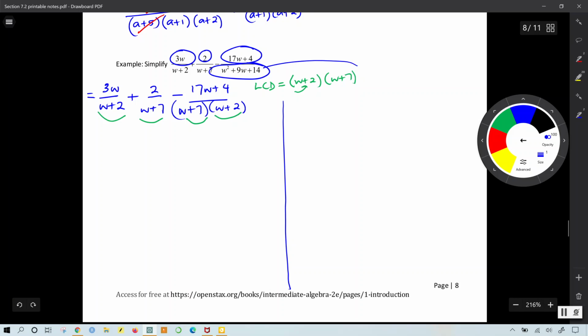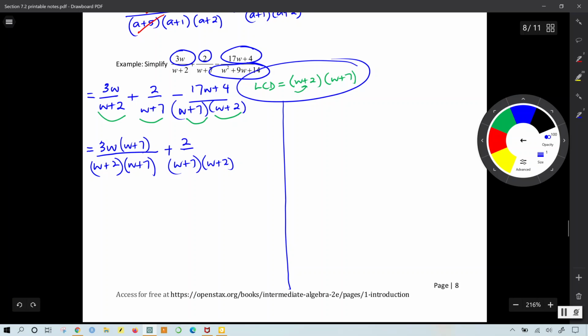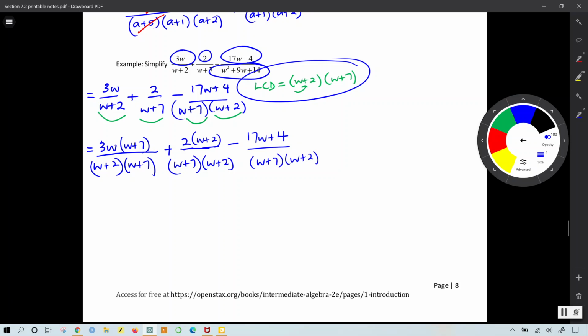So our LCD is w plus 2 times w plus 7, which means the first fraction is going to need an extra w plus 7, both on top and on the bottom. The second fraction is going to need an extra w plus 2 on top and on the bottom, whereas the last fraction, 17w plus 4, since the bottom already matches the denominator, would need no extra element.